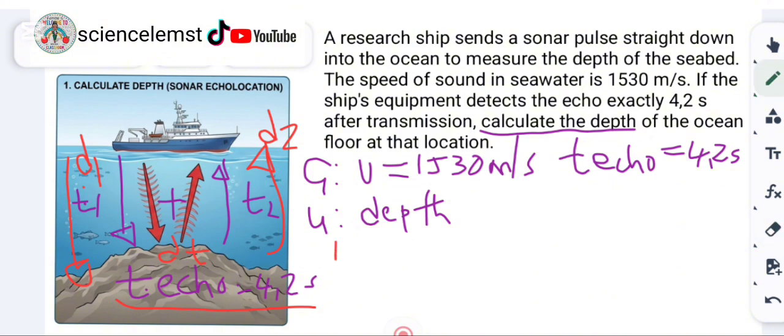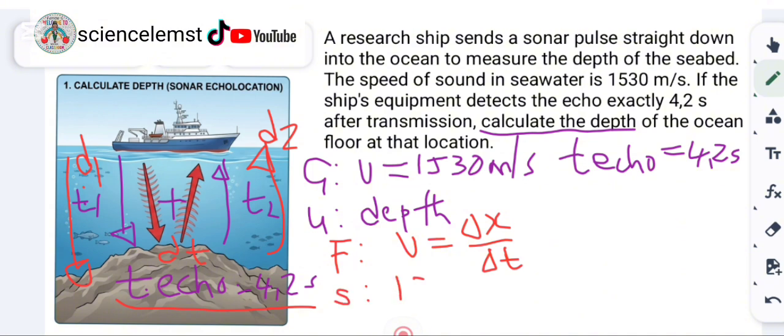So the next step is finding the formula that relates everything that's given and that is unknown. And the formula that does that is v equals delta x over delta t. Notice that is small t, not capital T, because I'm talking about time and not period. Now, the last step is substituting and solving.